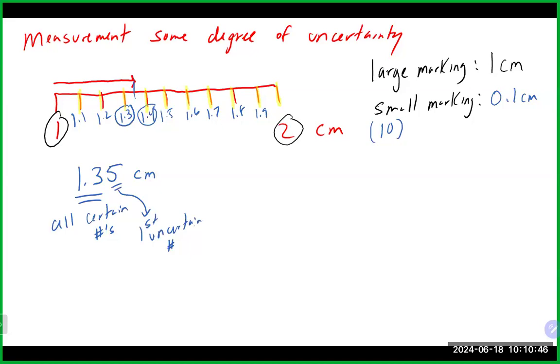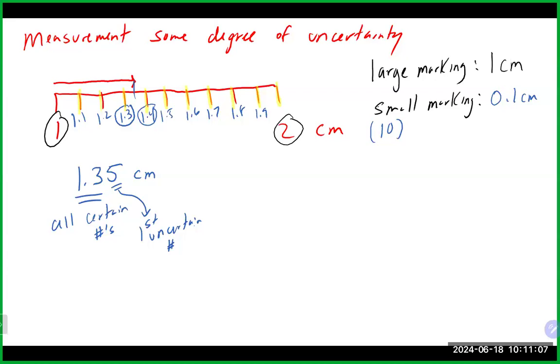Now, it's uncertain because somebody else may look at it and go, I think it's a little closer maybe to the 1.4, maybe it's like 6, maybe somebody else says that's a little less than half, maybe it's 4. So usually when you take a measurement, it's plus or minus 1 of that last uncertain digit that you put there.